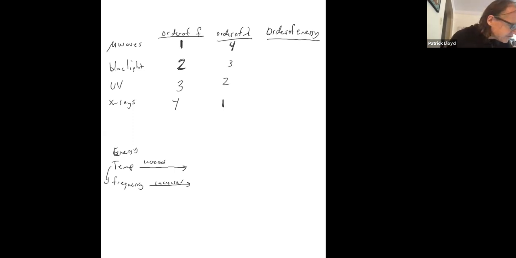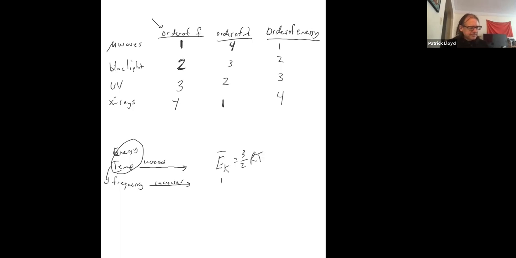So that means we're going to use essentially the same order that we had here. 1, 2, 3. Oh, did it really go in that order? It really did go 1, 2, 3, 4 for frequency and for energy. Okay. So what I'm saying is temperature and energy are related, right? Average kinetic energy, 3/2 RT, right? Energy, temperature. Okay. So there you go.